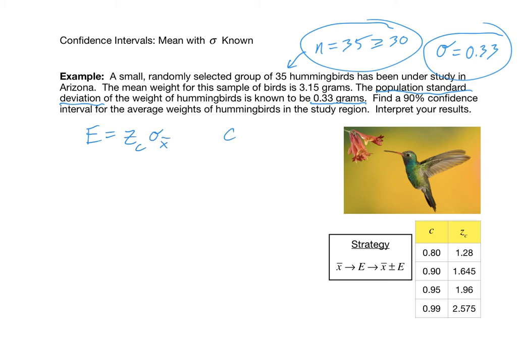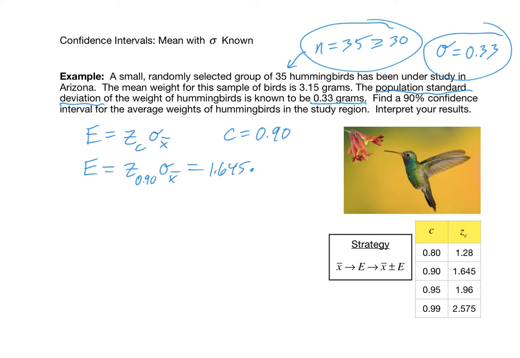We are told to use a confidence level of 90% or 0.90. So we're going to compute the margin of error as z sub 0.90 times sigma sub x bar. And if you look at the critical value table in your formula sheet, you'll see for a c value of 0.90, the critical value is 1.645.